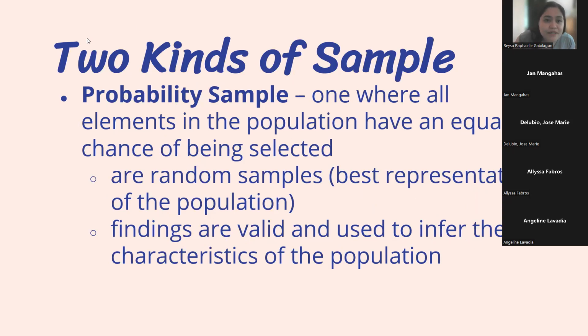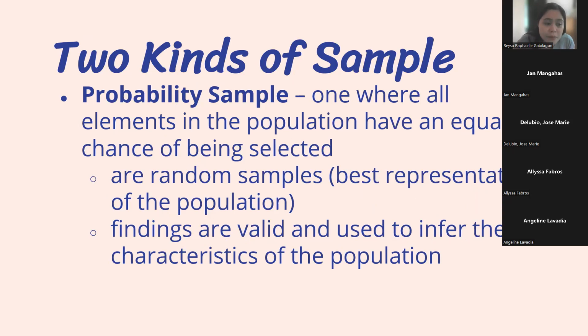Ito yung two kinds of sample, probability sample and non-probability sample. Sabi ko sa inyo, pag probability yung sampling technique, meaning all the members of the population will have equal chance to be selected in your study. So ito yung random samples na tinatawag.